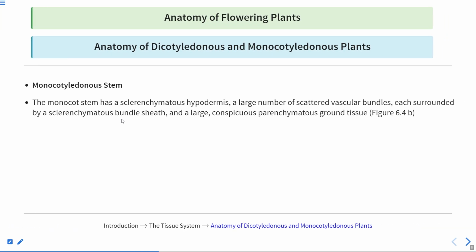Now we will talk about the monocotyledonous stem. The monocotyledonous stem is very much different from the dicotyledonous stem.